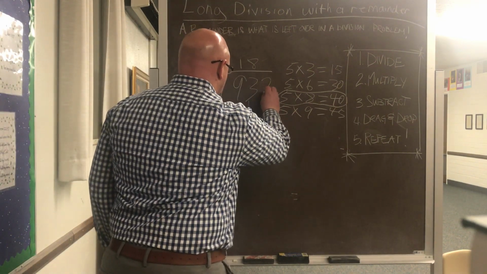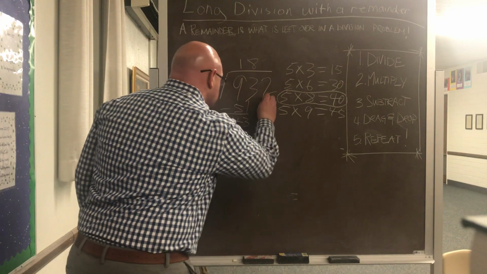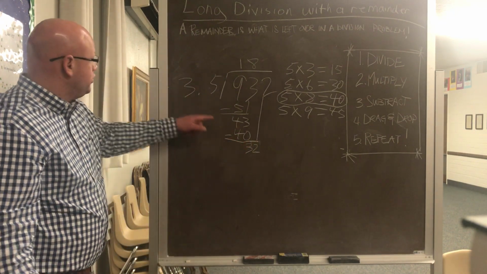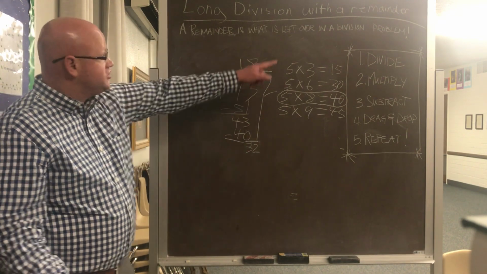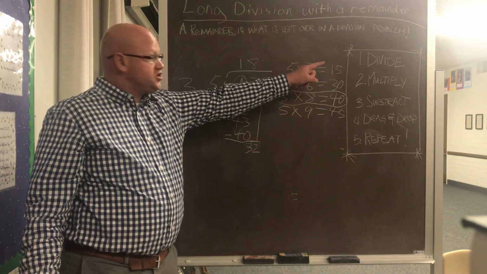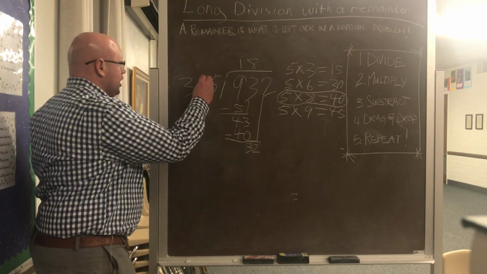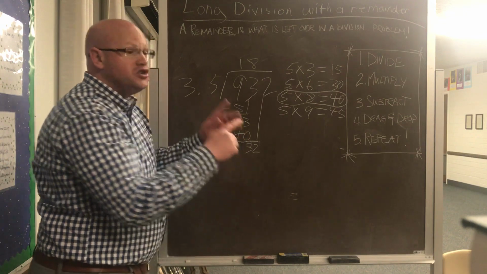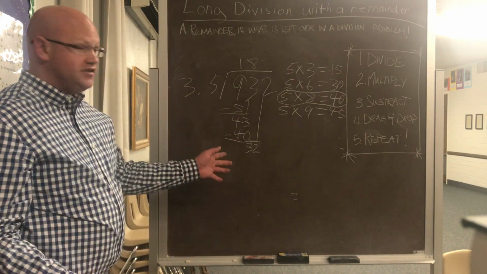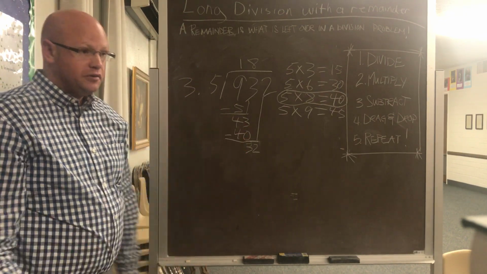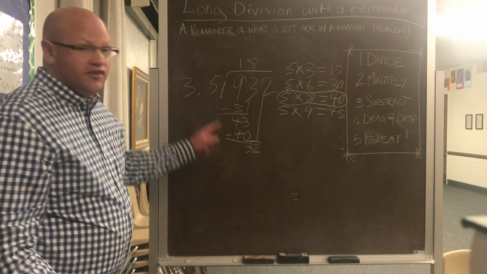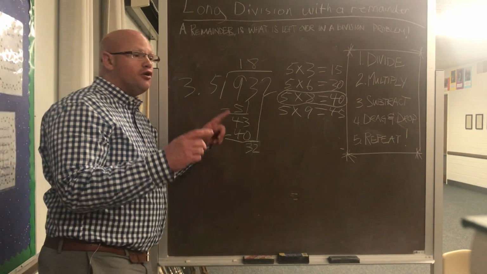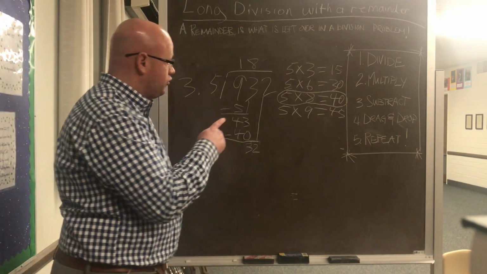So we drop that 2 down here by the 3, which makes 32. And then we just repeat the process. We start off with the first step, which is divide. And we go 5 divided into 32, which we can do because, what, class? Because 5 is less than 32, but we don't know how many times 5 can go into 32.